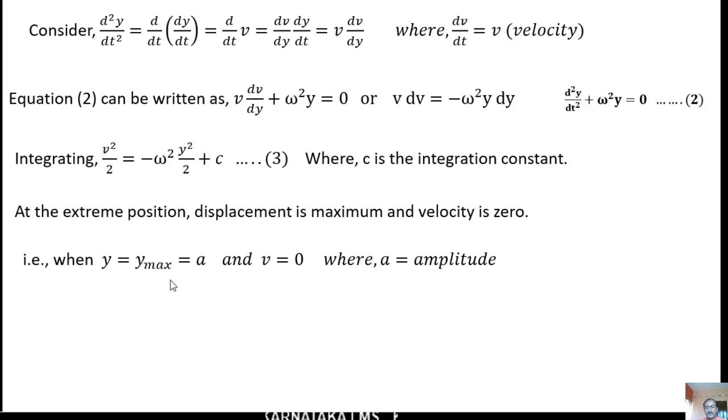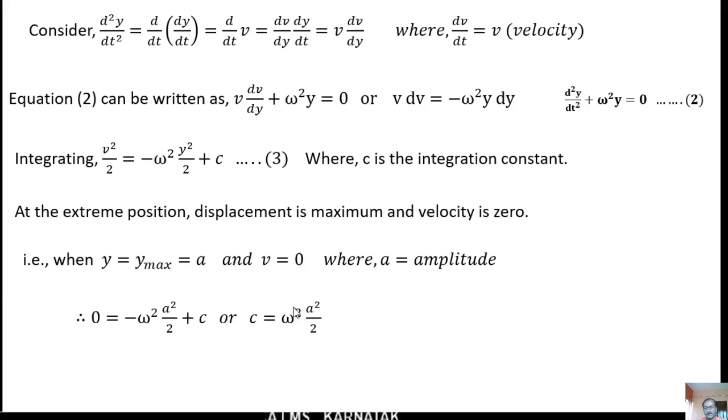Now, when y equals y maximum, the displacement is maximum at the extreme point, it is said to be a, let it be a. And v equals 0, velocity is 0. Here a is the amplitude of the particle during execution of simple harmonic motion.